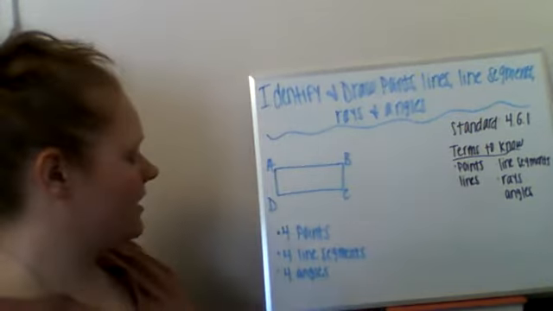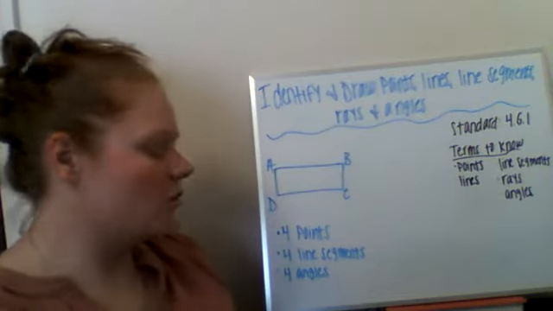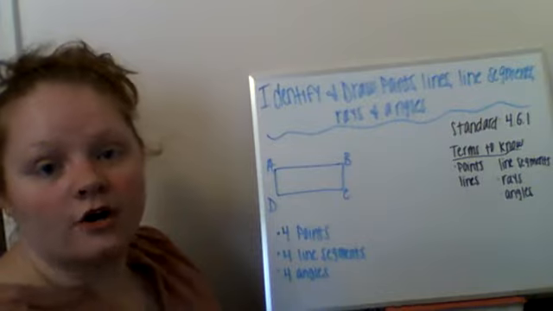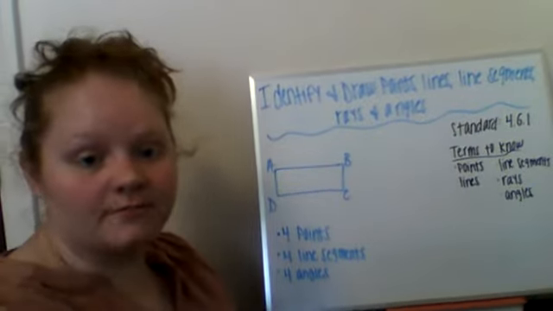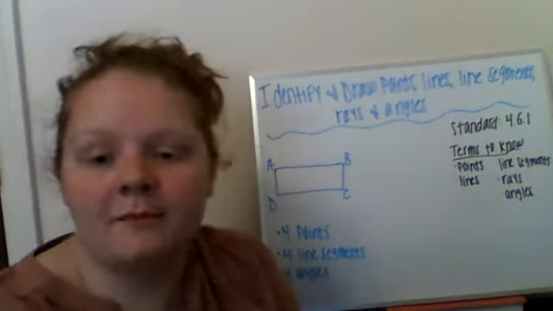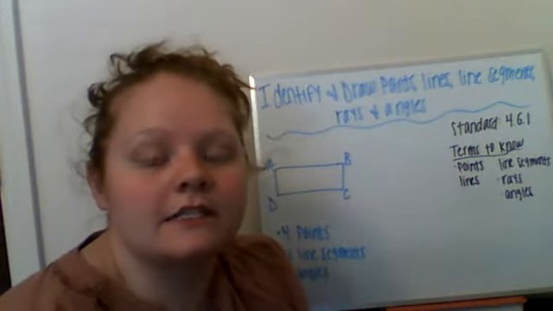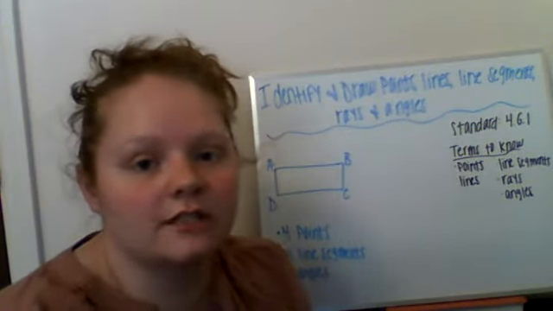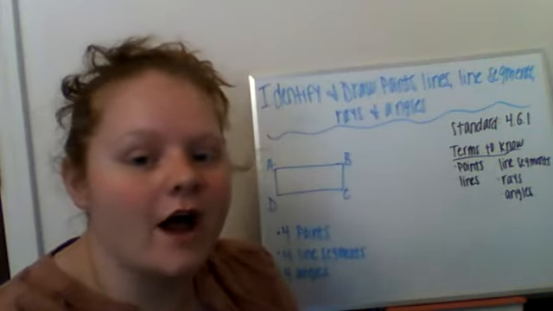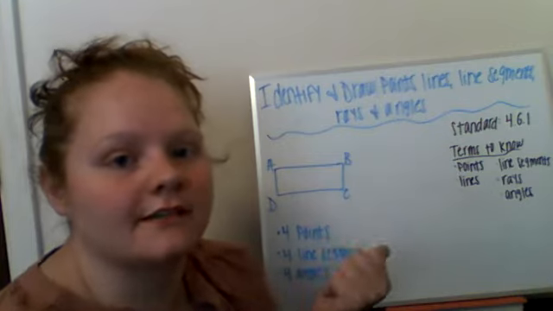Okay? So, you might be wondering how in this figure there are rays to make the angles, because you don't see any rays in here. Well, remember, an angle is created when 2 rays share the same endpoint. So let's go over how I see that there are angles in this figure.